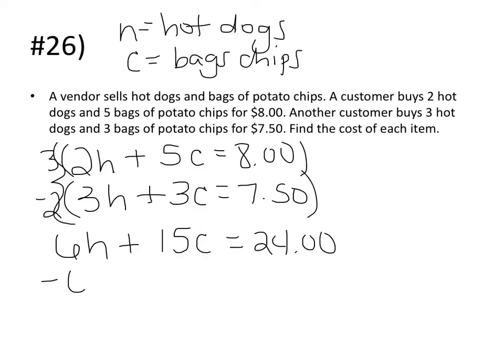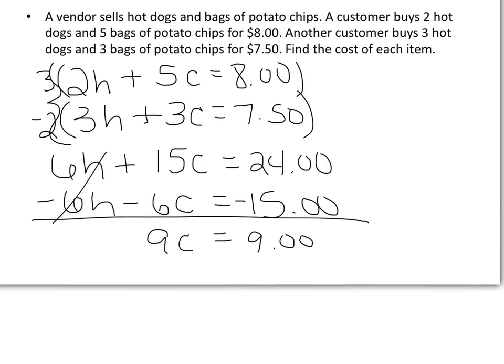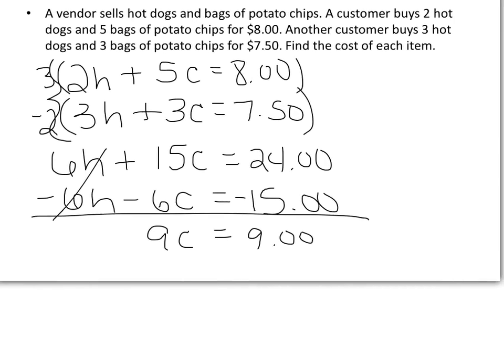And then down here I'm going to get negative 6H minus 6C is equal to negative 15. Okay, so my H's cancel, leaving me 9C is equal to $9. So divide both sides by 9, you get C equals $1.